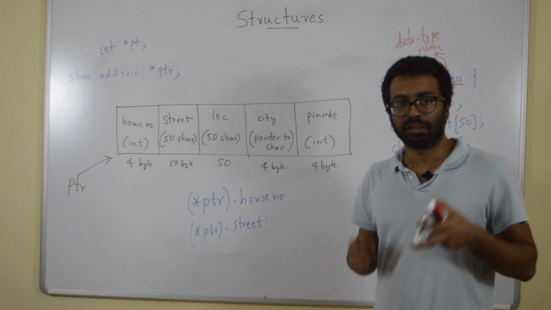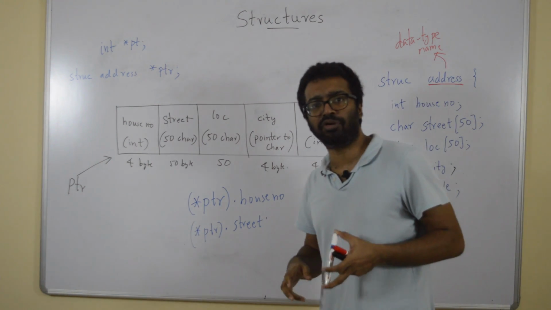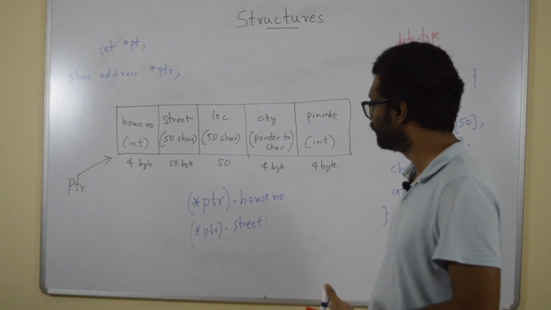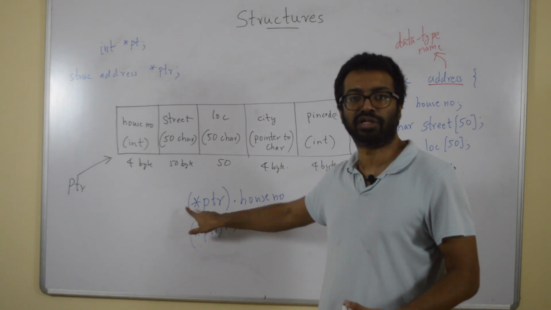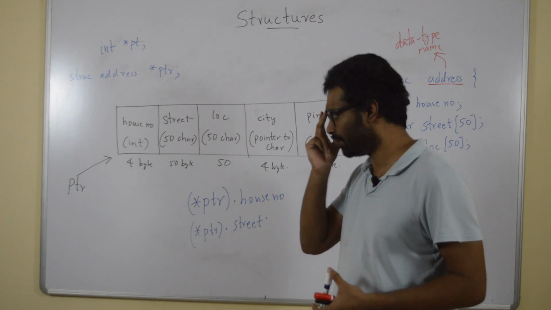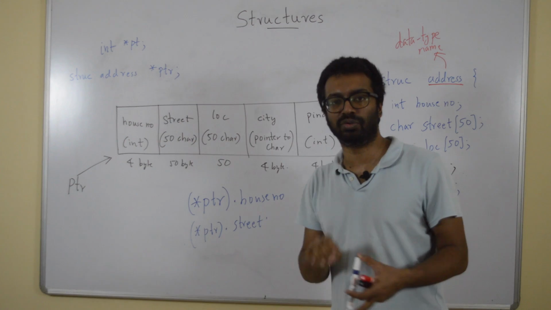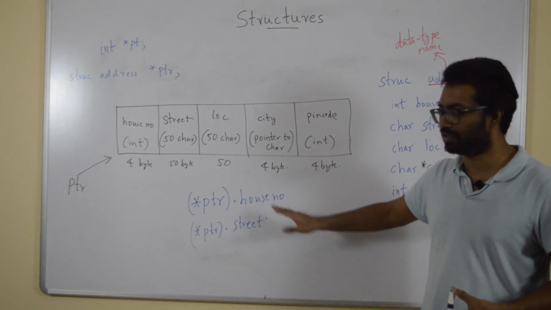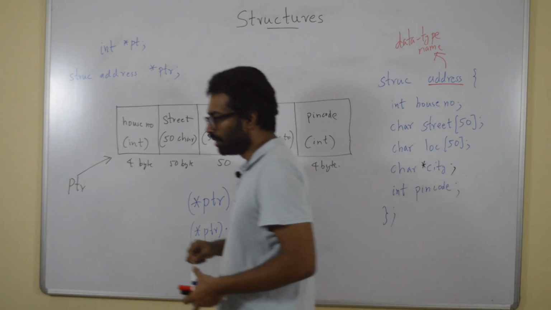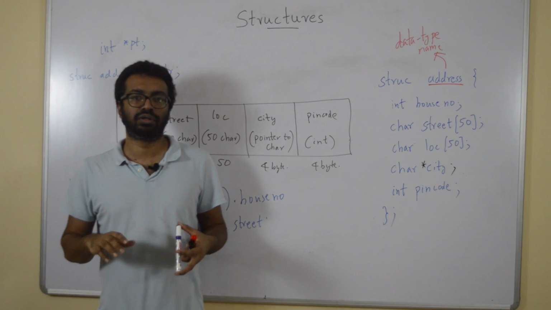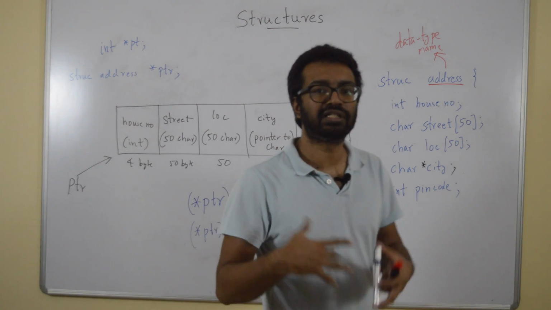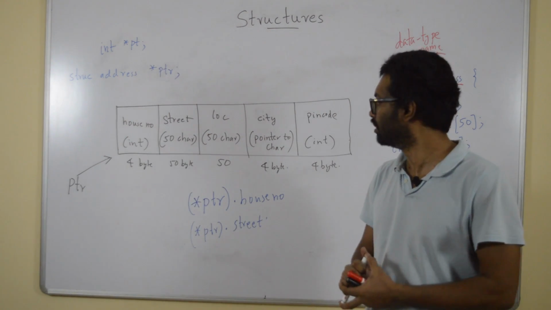Okay. But when you are using pointers, there is another way to write this. So this bracket is important here. Okay. So the bracket is important to correctly access this. Now, if you are using pointers, there is another way you can do this.